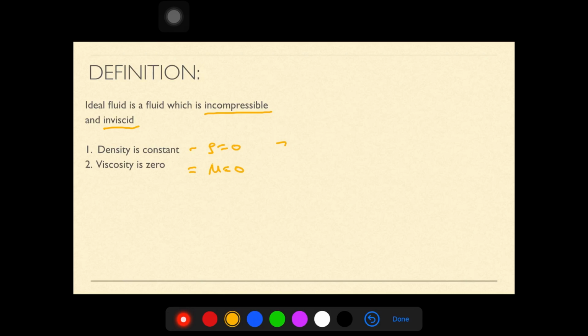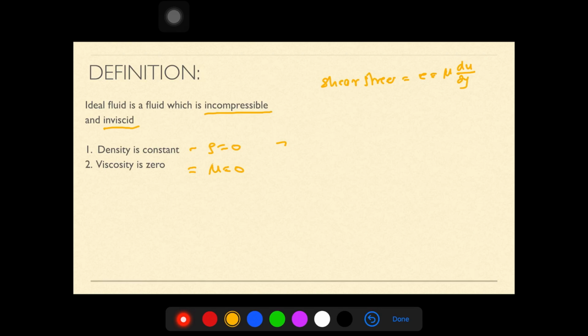And one more thing, when we say viscosity is 0 and we calculate the shear stresses taking this value, the shear stress is given by the equation: shear stress is equal to mu du by dy.